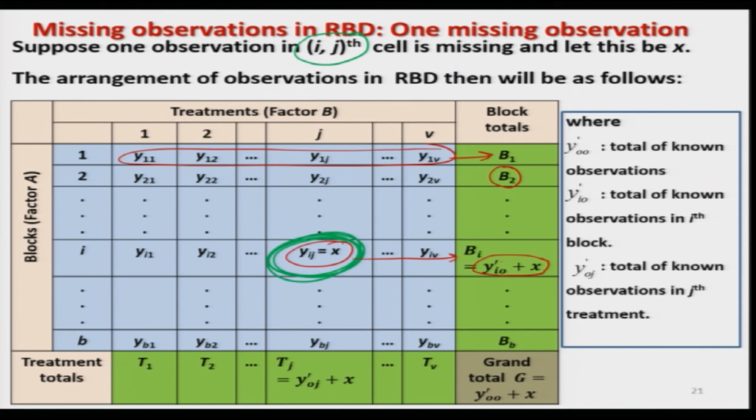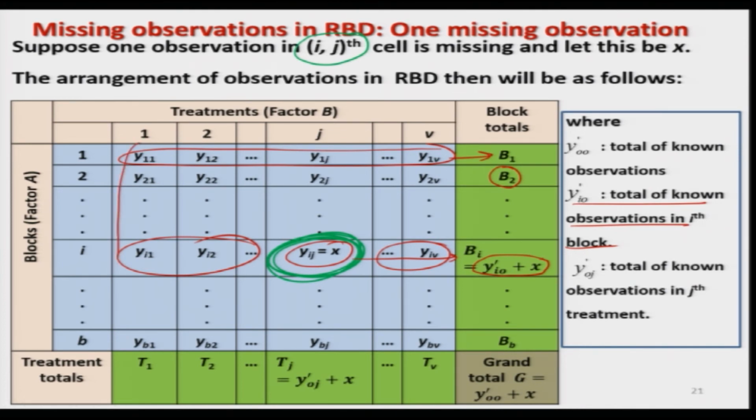Here y'_i0 is the sum of all the observations which are available to us, plus x. All of B1, B2, ..., B_b remain the same, only B_i is going to change.